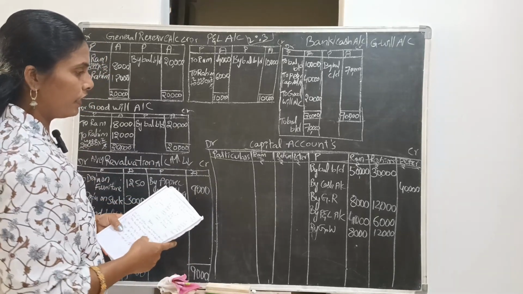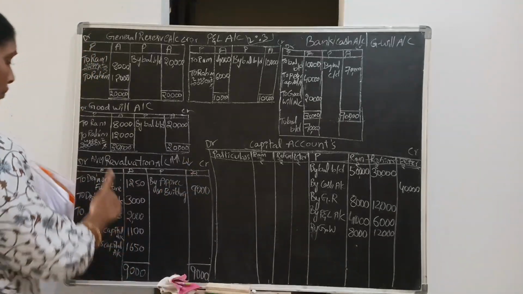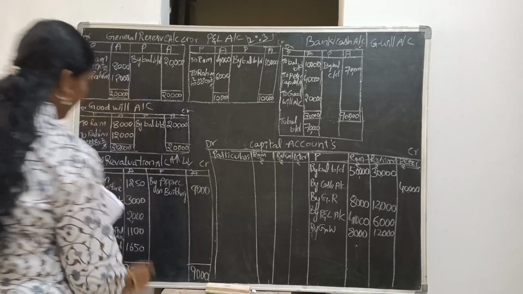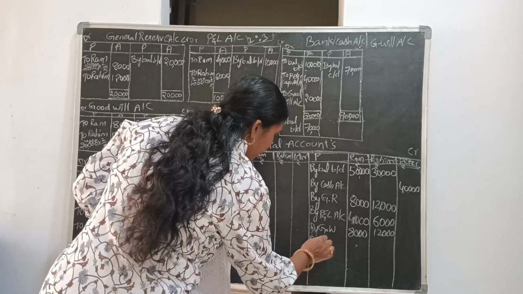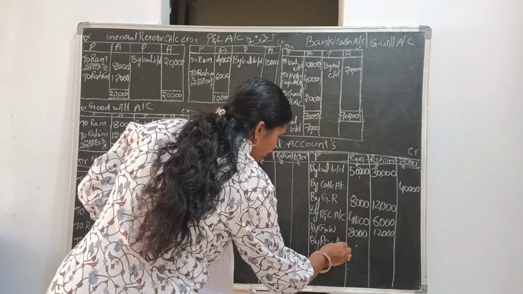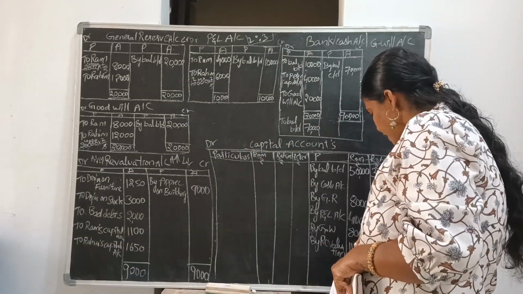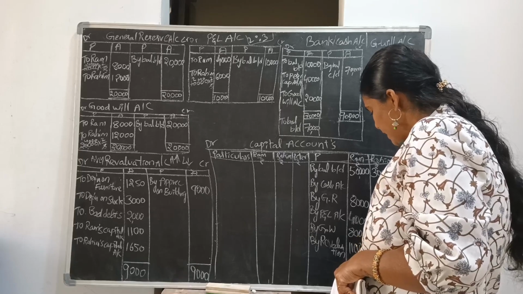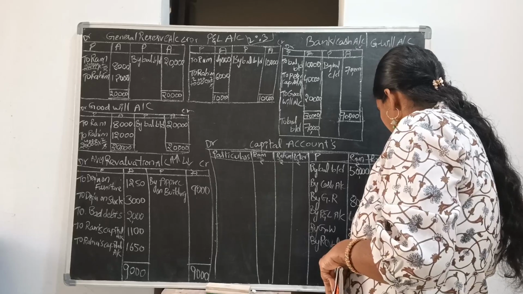No, everything we have posted. So revaluation. One more important, okay, by revaluation. So this is on the left side, so we are posting it on the right side. This is a small trick or logic you can remember.